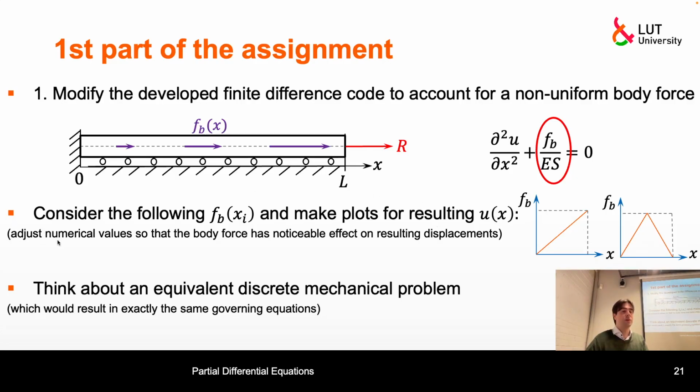For that you need to adjust some parameters of the body force, of course, because previous year some students did it so that there was no noticeable effect of the body force at all. In the results it was impossible to distinguish the results with the body force and without it, because the force at the end was dominating. So please balance the parameters so you can at least see some influence, otherwise it doesn't make sense.